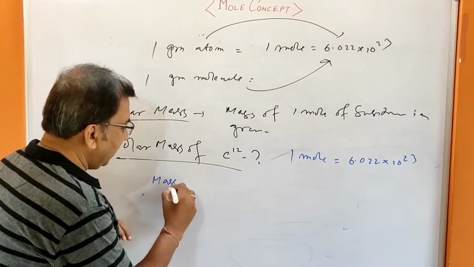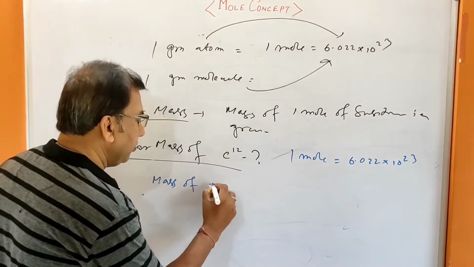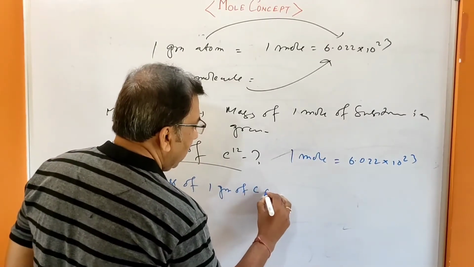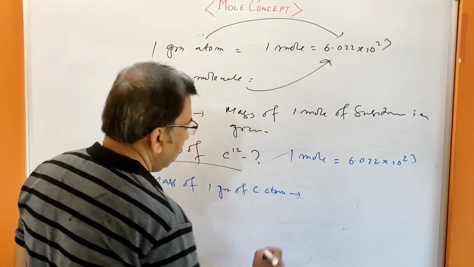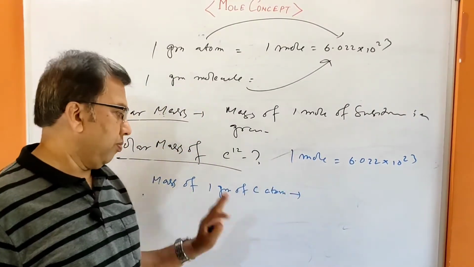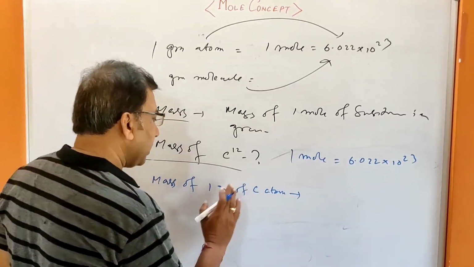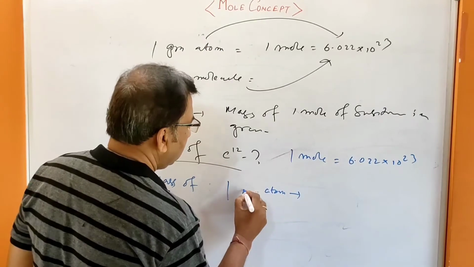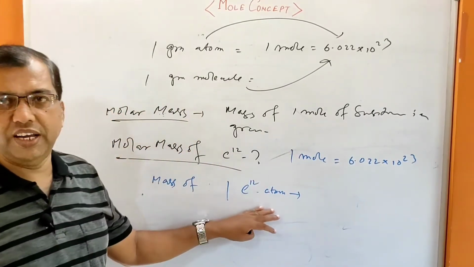You have learned the mass of 1 carbon atom. The mass of 1 carbon 12 atom, whatever you can write.